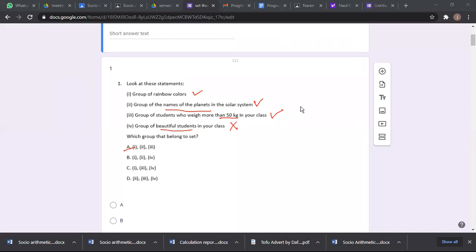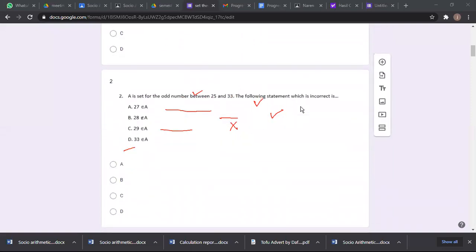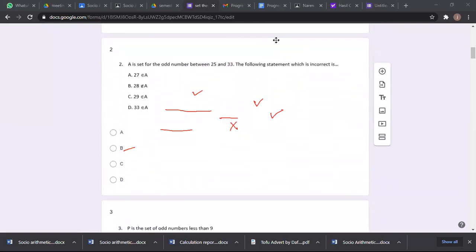Next, we move to number two. Take the odd numbers between 25 and 33. Which one is incorrect? So be careful here, between 23 and 54, odd number, and incorrect. I will erase this one first.